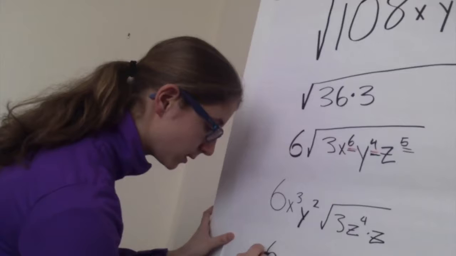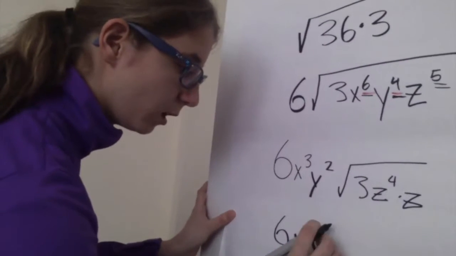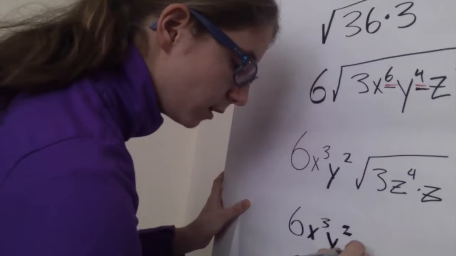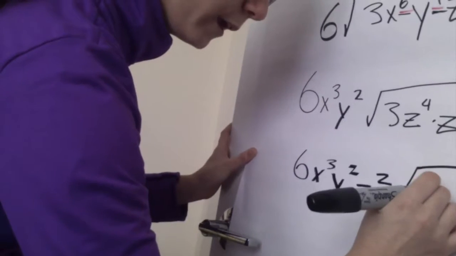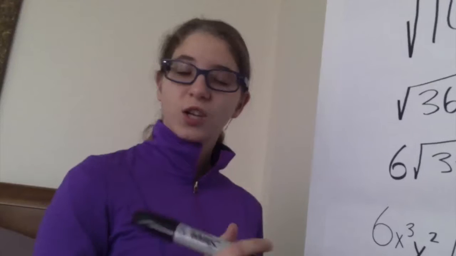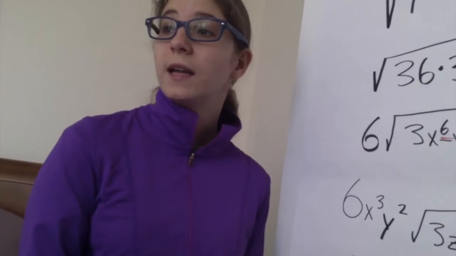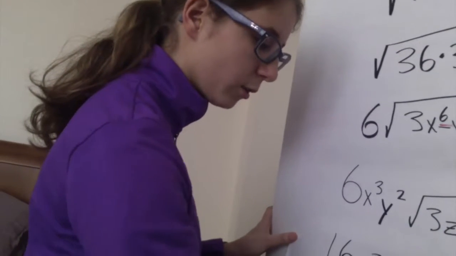So we get 6x to the 3rd power, y squared, z squared, and then radical 3z. So this is the radical in its simplest form. So this is your answer.